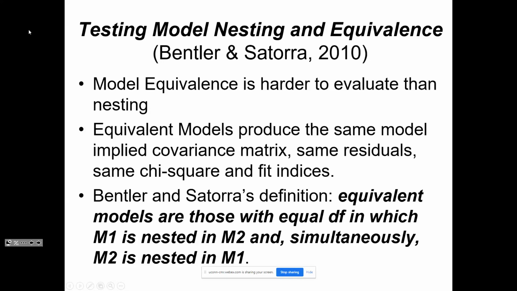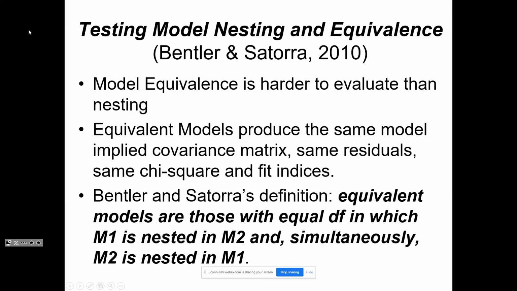So two models that are equivalent should actually have the same chi-square. Well, will have, not just should, will have the same chi-square, the same fit indices, the same residual matrix, and the same model implied covariance matrix. And that's really what makes the two models equivalent, is that they both result in the same model implied covariance matrix.